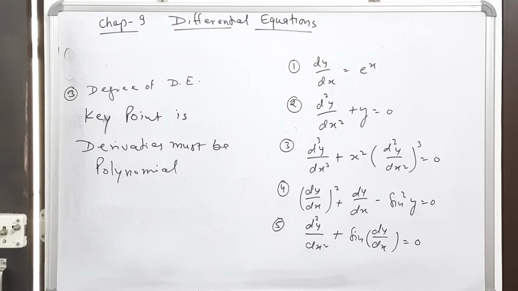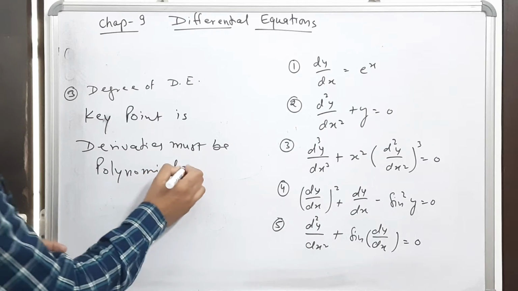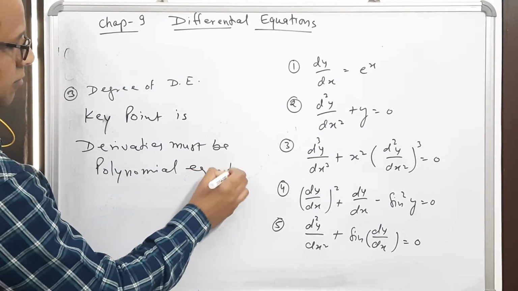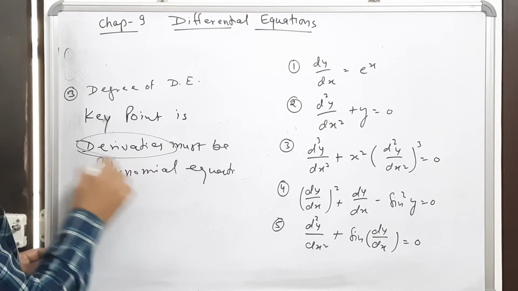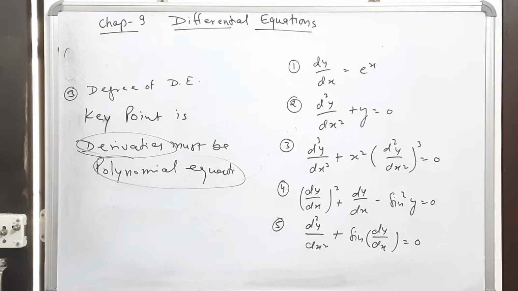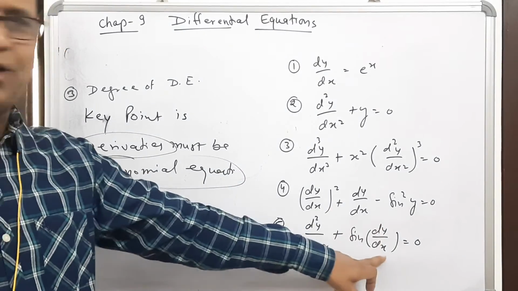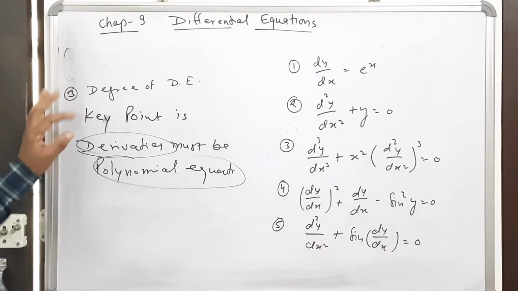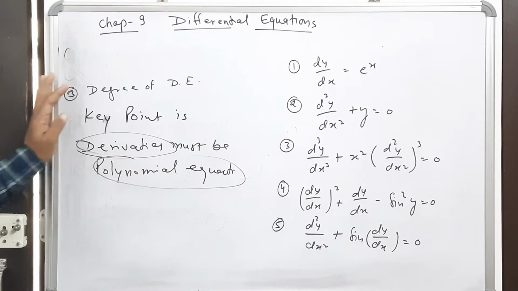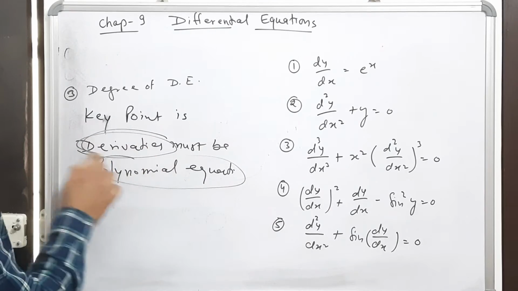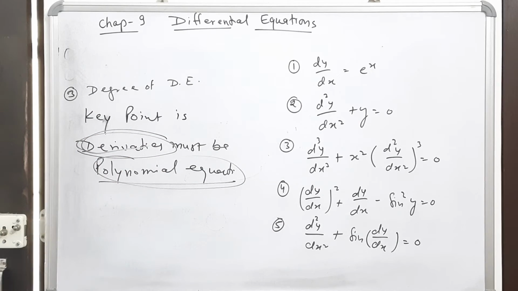The derivative must be in polynomial equations. Means the dy by dx must come in polynomial form. You see here, sin of dy by dx, it is not polynomial form. So the degree will be defined only when the derivatives are in polynomial form.